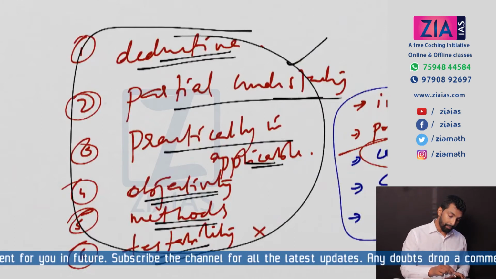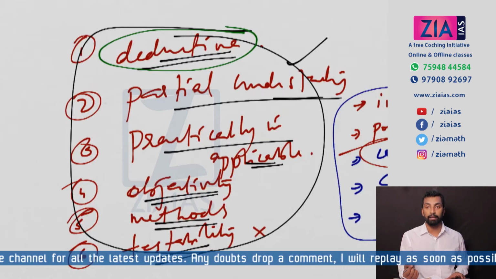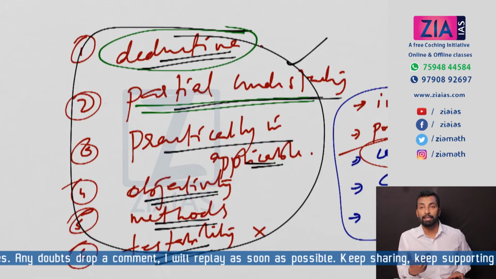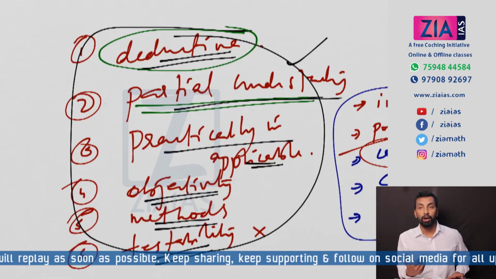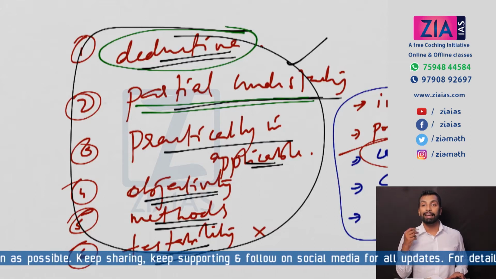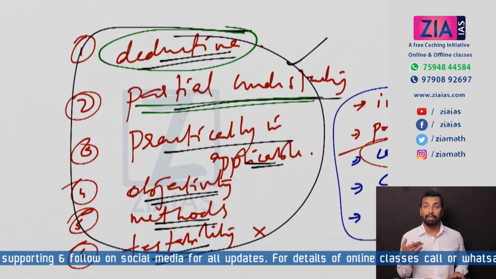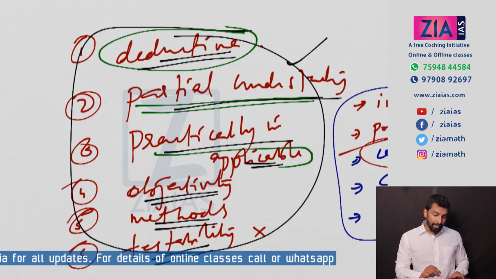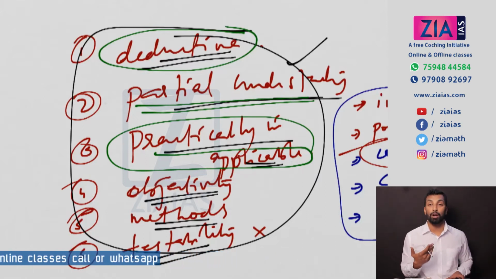So what are they? The first point: instead of the inductive approach, the deductive approach is much better in sociology. Then positivism is actually a partial understanding of society because you are studying only the external aspects. You are not giving importance to the internal aspects like love, hatred, mental relationships, or the meanings attached by the actor to his action. A third limitation is that the methods used in positivism are practically inapplicable in sociological research.